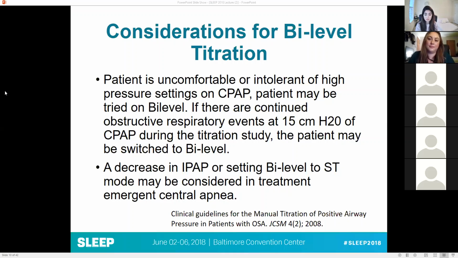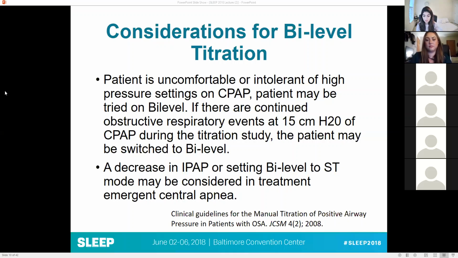And then sometimes what we'll see when we're doing one of these bilevel titrations is they'll get over titrated. So there's two phenomena that you should be familiar with as far as obstructive sleep apnea goes and the development of central apnea.